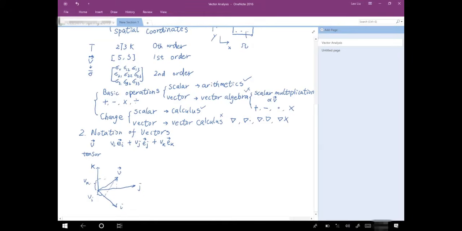But it's a magnitude, so it's not a vector. The meaning of e_i, e_j, and e_k is a unit vector. So the magnitude of it is 1, and it has a direction. So this one is e_k. For e_k, the magnitude of it is 1, and the direction is along the k-axis.